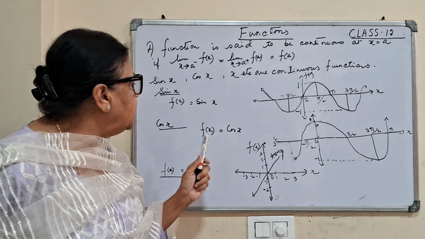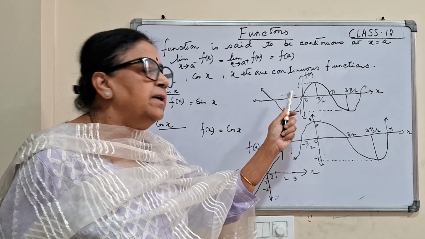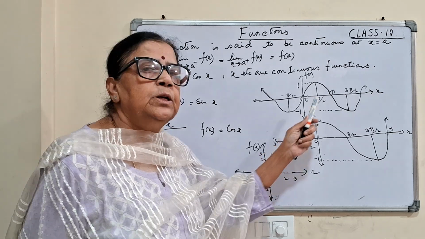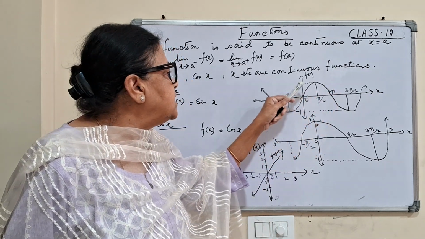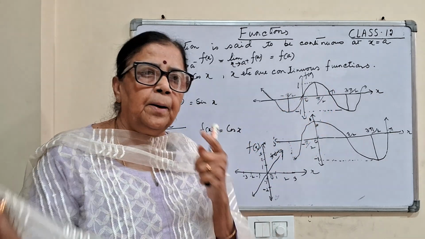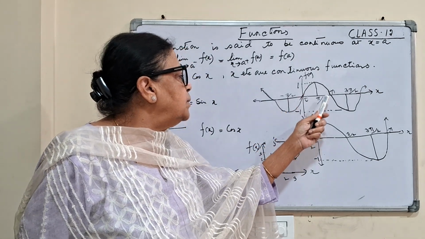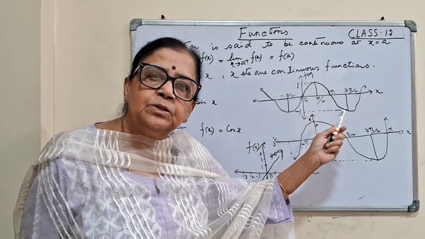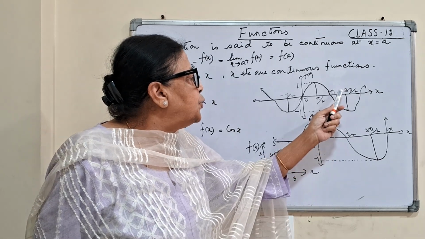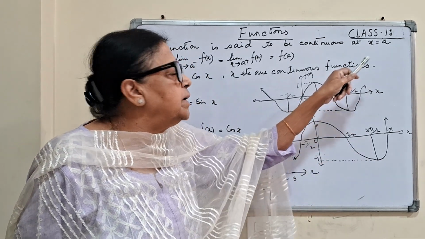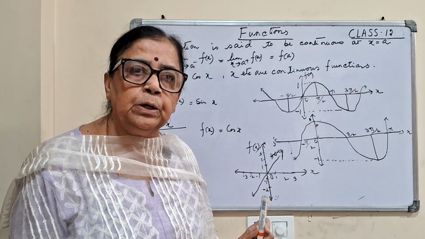The graph will be: sin 0 is 0, sin pi by 2 is 1, so the maximum, the upper limit, is 1, then comes sin pi is 0, again sin 3 pi by 2 is minus 1. So on, it will never be discontinued.